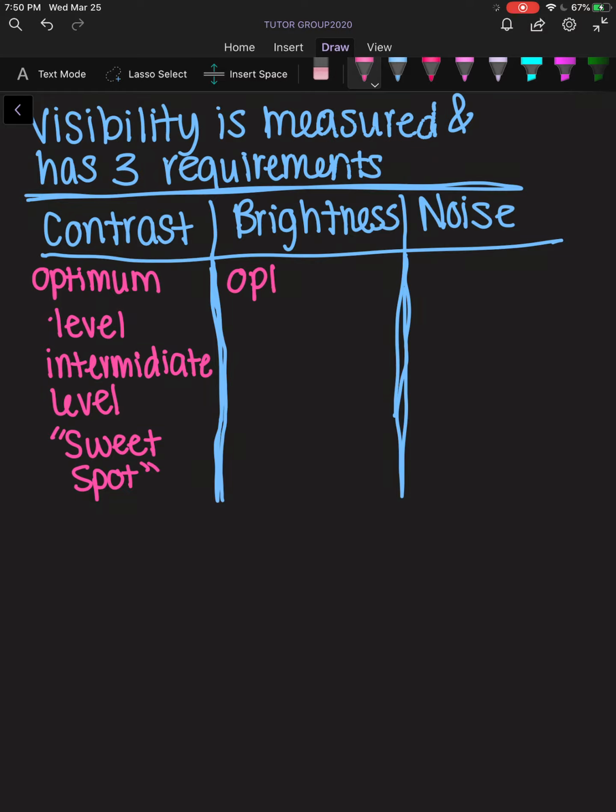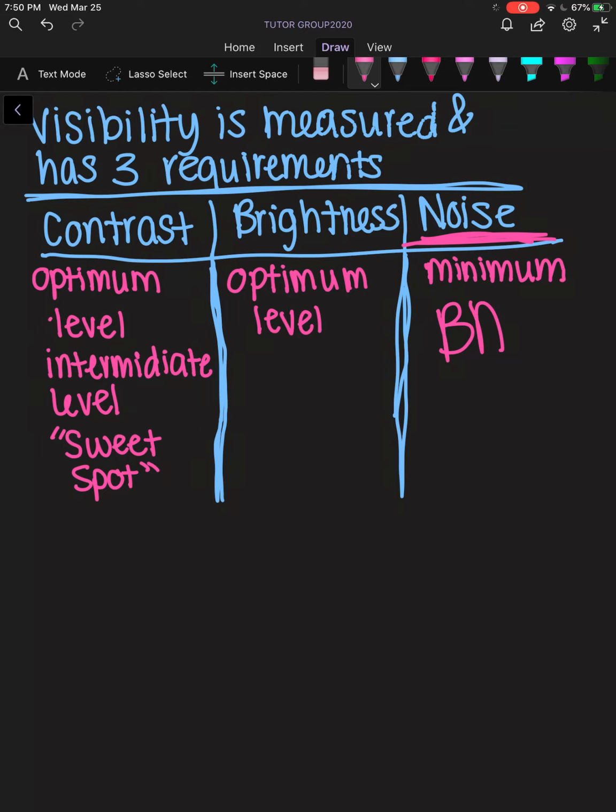Also, brightness is at an optimum level, and noise is at a minimum. You want to minimize all the noise that you can, because noise is bad. Noise is anything that obstructs the view of your anatomy or ruins the information in your image.